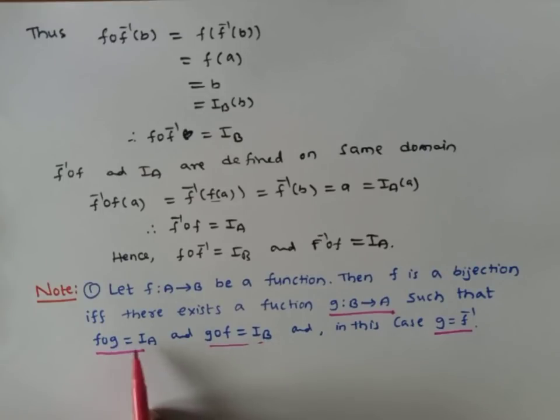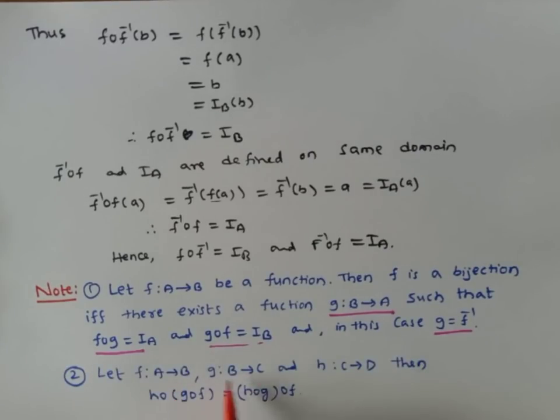So in this case f compose g and g compose f are identities, therefore g equals f inverse. We say that f and g are inverse to each other.